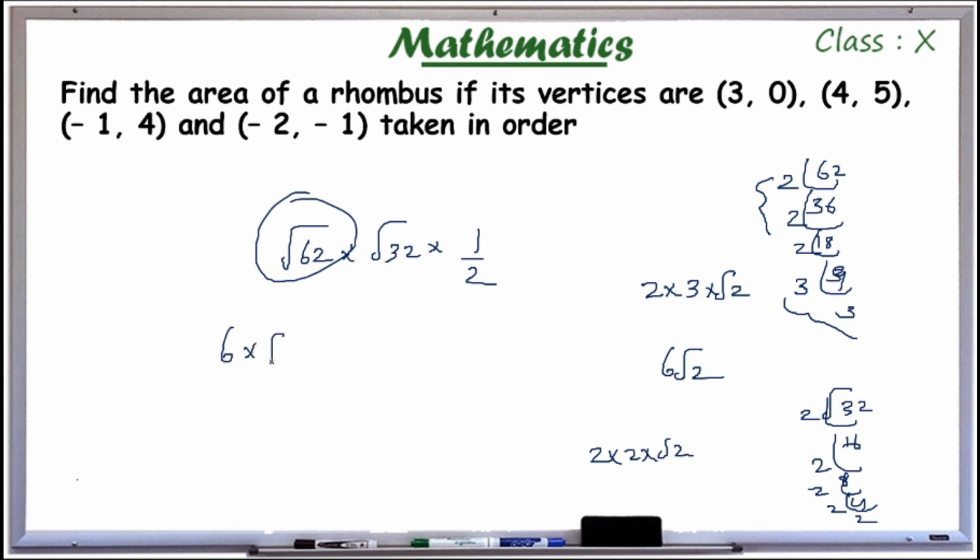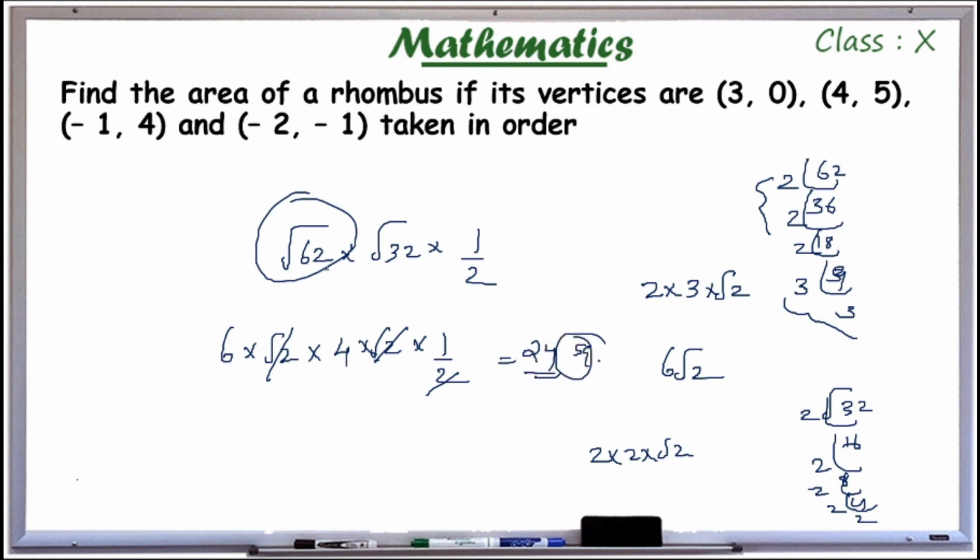Therefore 6 into root 2 into 4 into root 2 into 1/2 is the answer. So root 2 into root 2 is equal to 2, it gets cancelled. So 6 into 4 is equal to 24. 24 square units is the answer.